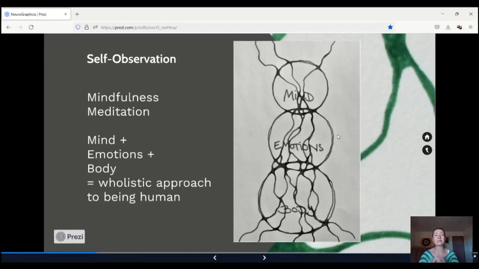And it really taps into mindfulness and meditation practices. And also, of course, I said actually in one of my posts that NeuroGraphica allows us to access deeper layers of our consciousness.